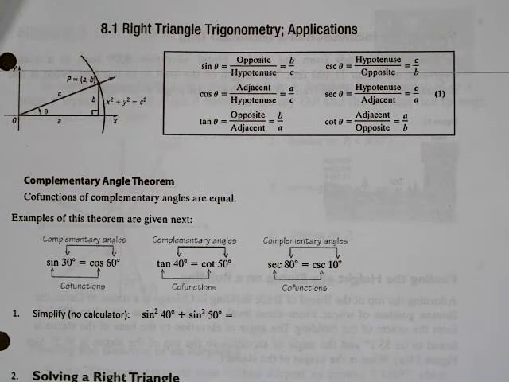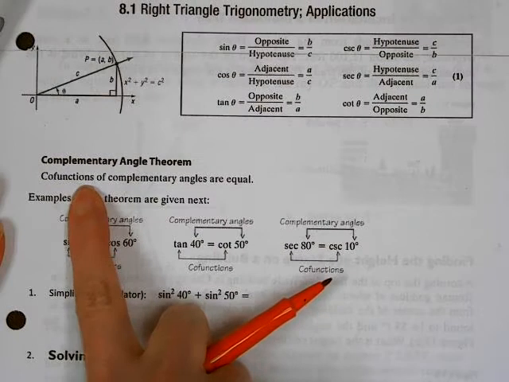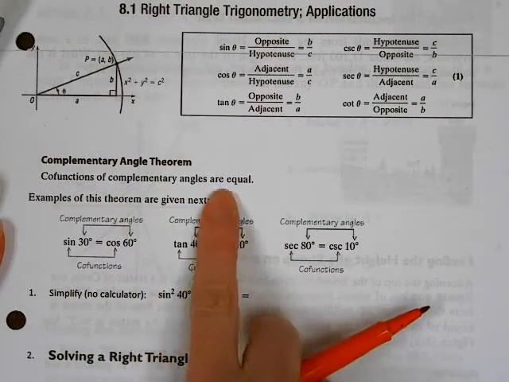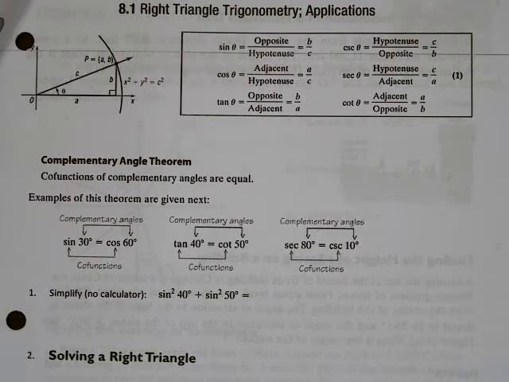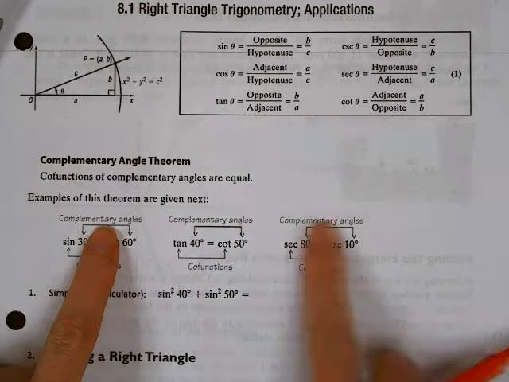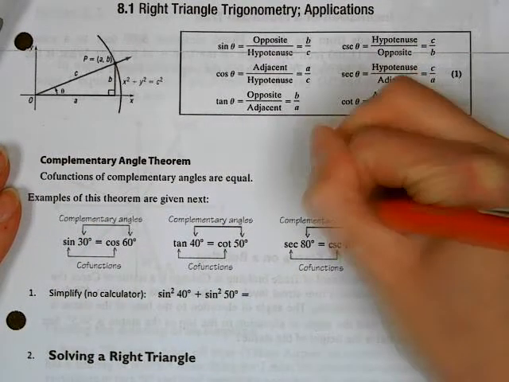All right, first thing is the complementary cofunctions theorem, which says that cofunctions of complementary angles are congruent. First of all, from geometry, do you remember that complementary angles are ones that add to 90 degrees?